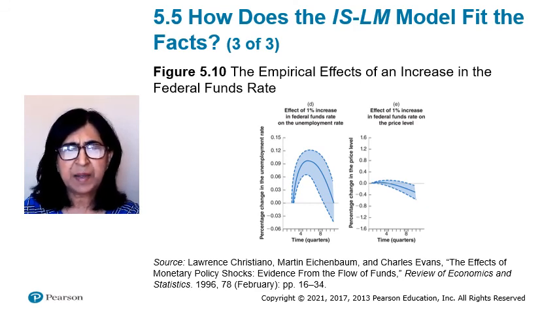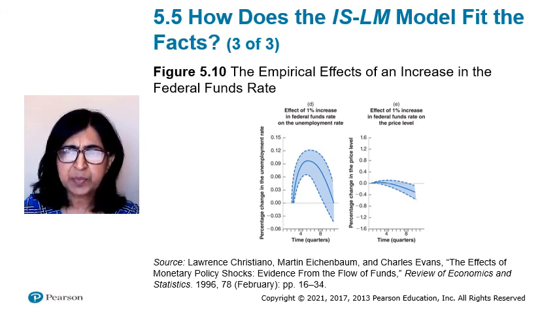The graph labeled E represents the effects of a 1% increase in the federal funds rate on the price level over the time of 12 quarters. Remember, one of the assumptions of the IS-LM model is that the price level is given, and so it does not change in response to changes in demand.